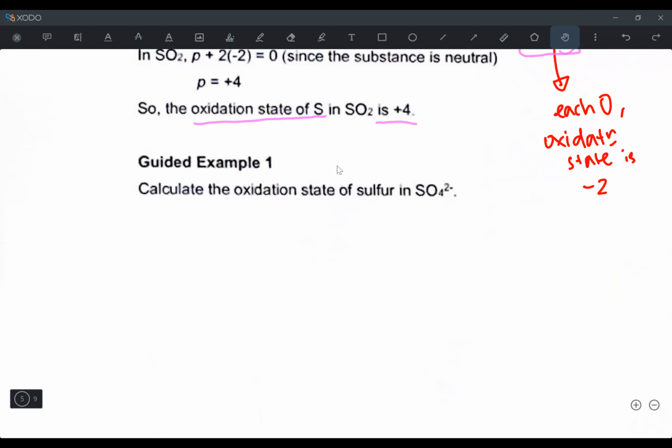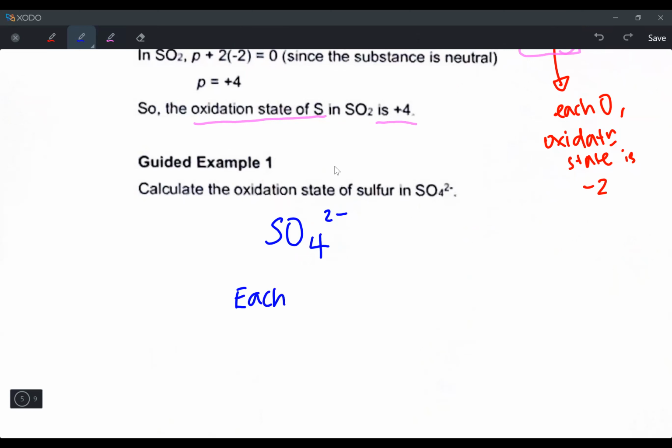This one is a bit similar. Let's write this down first. The key thing is, same thing, each oxygen has an oxidation state of -2. This one is universal.